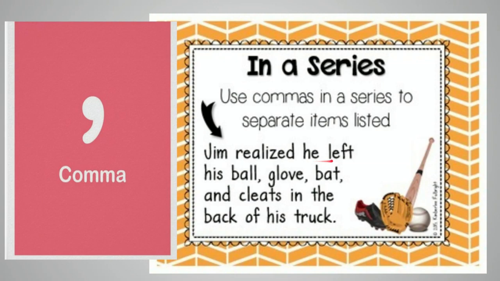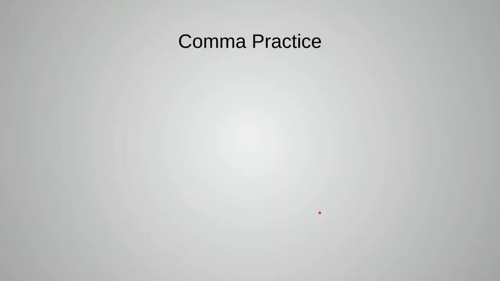Jim realized he left his ball, comma, glove, comma, bat, comma, and cleats in the back of his truck. Okay, we use a comma when we are separating or listing more than 2 items, so 3 or more items. And we're going to do some practice with that.